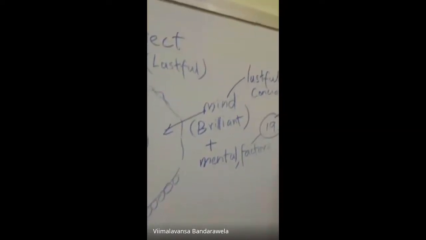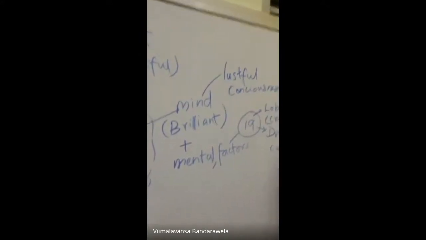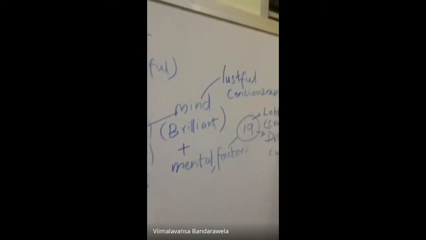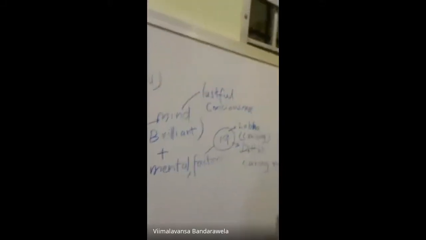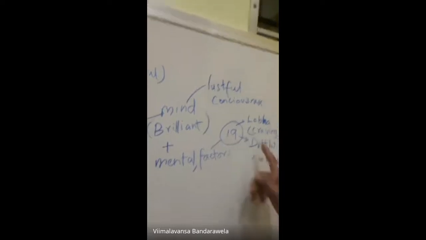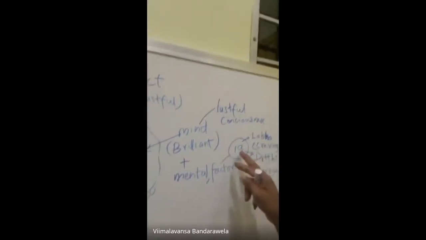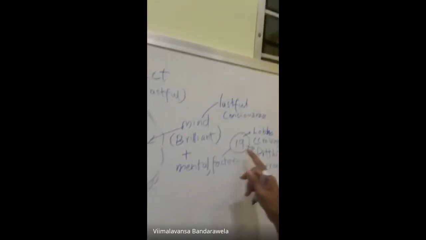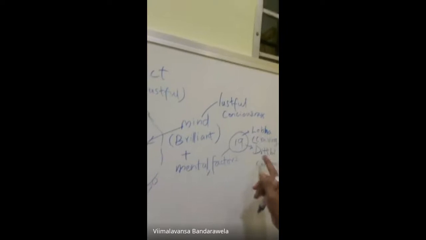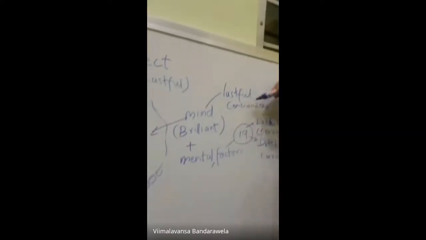Lobha cetasika, and mainly ditthi cetasika. Ditthi means wrong view, right? Associated with ditthi and lobha, only 2 I have written down, but again you have the rest, 17. Lobha and ditthi are the main ones.